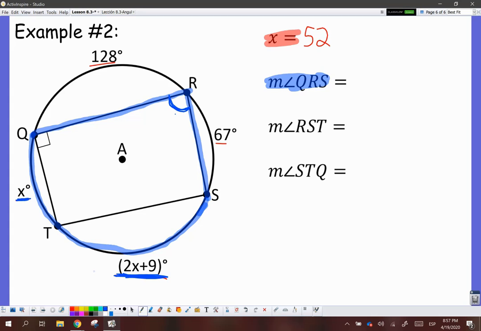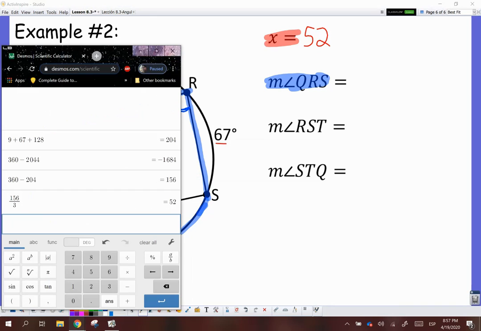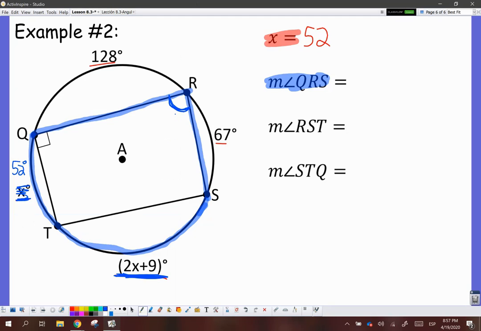And since I know what x is, I can substitute those in. So instead of this being x, how about we substitute 52 degrees? 2x plus 9, if I plug that into my calculator, 2 times 52 plus 9 gives me 113.